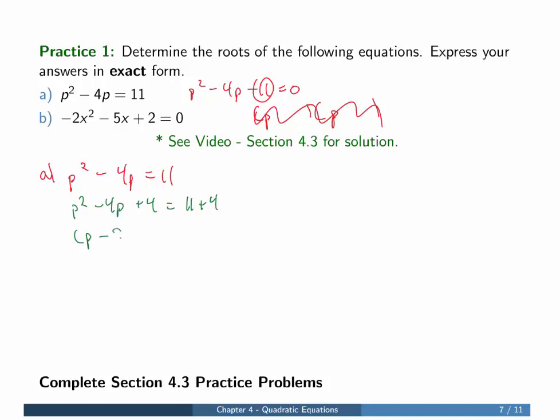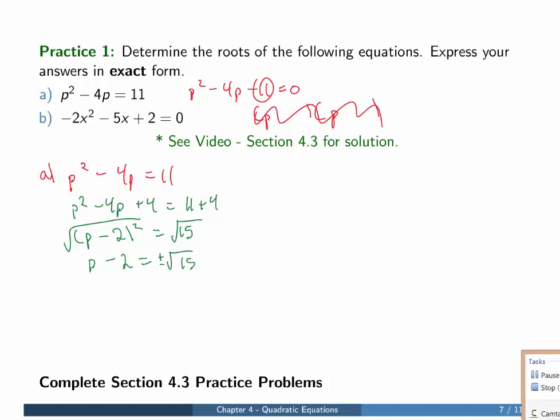From here, this is a perfect square trinomial. This is what it comes out to be. We're going to collect like terms over here. We have 15. Now we can just square root both sides to give us p minus 2 equals root 15. It's really plus or minus square root 15.